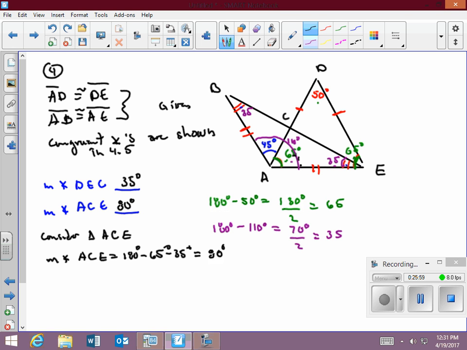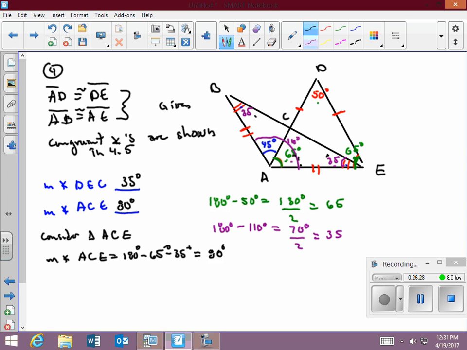Yeah, that angle's 110, so you take 180 minus 110, and that's 70, isn't it? So these two angles here have to be half of 70, and that'd be 35. Right, but now you're trying to find angle DEC. Oh, DEC, so you subtract from 65. Oh, yeah, then I see. Then add those two, right? That's what I was thinking.